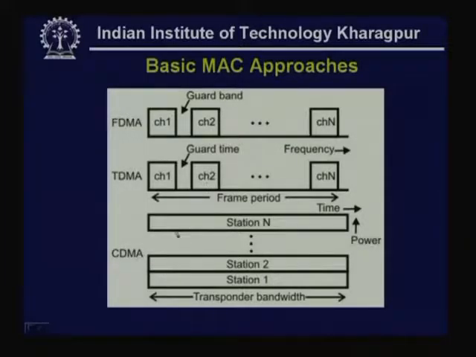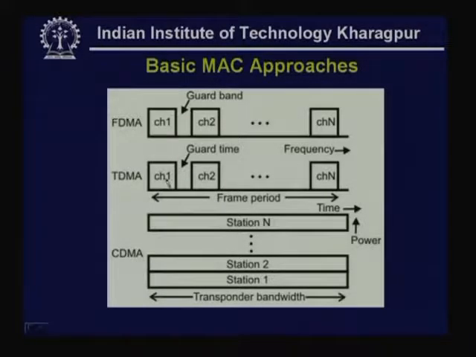depending on various applications. And FDMA provides the simplest communication, because here there is no need for synchronization, no need for collision handling, no question of collision. However, when TDMA technique is used, you have to do synchronization, because channels can be used in different time slots for communication, and there can be collision if two ground stations send signals simultaneously.